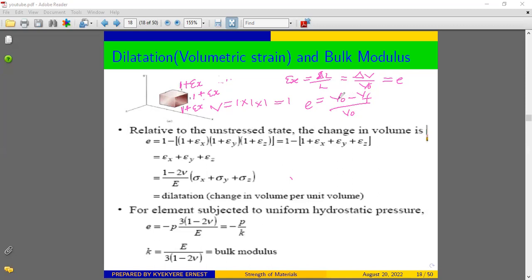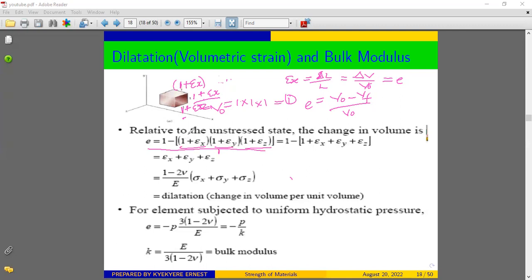We know that the initial volume VO was 1, so we have 1 minus our final volume, where the final volume is the distance on the x multiplied by the distance on the y multiplied by the distance on the z, all over 1.